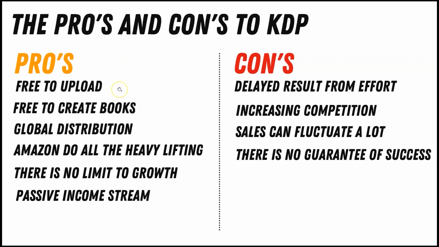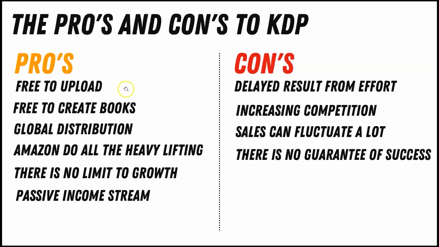However, if you use another platform, they might charge you to upload your manuscript and your cover. For example, Ingram Spark charge at this point in time $49. But on KDP, you can upload your book for free, and you can make multiple or ongoing changes to your cover or your manuscript if you have an error or there's a change required for free, which is excellent.